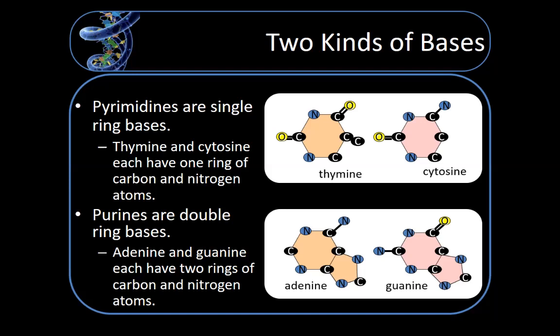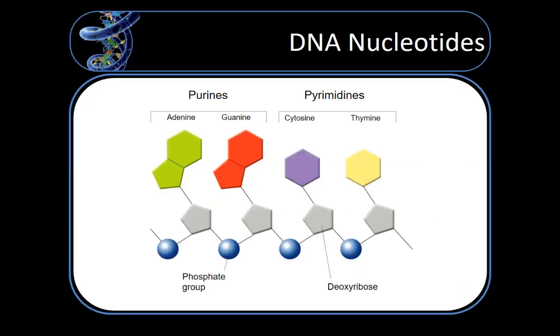Pyrimidine, the longer name, is for the smaller molecule. Purines, the smaller name, is for the larger molecule. Every pair includes one of each. So let's go over those nucleotides again. You have your purines, or double rings, adenine and guanine, and your pyrimidines, your single rings, cytosine and thymine.